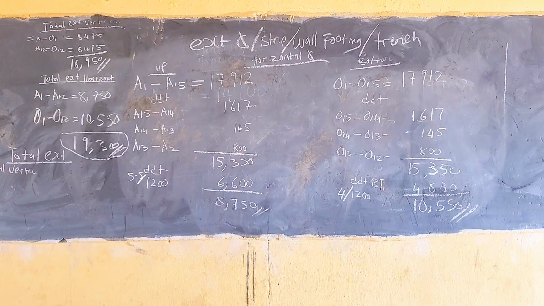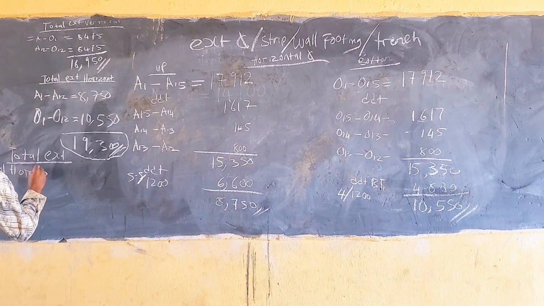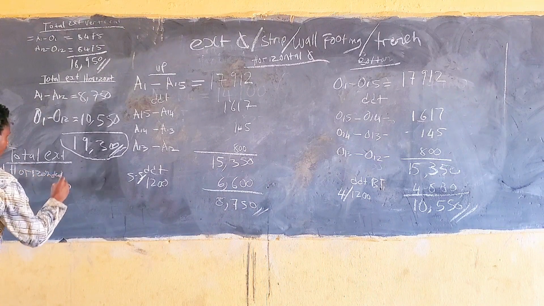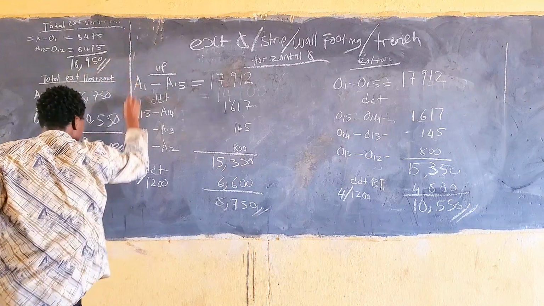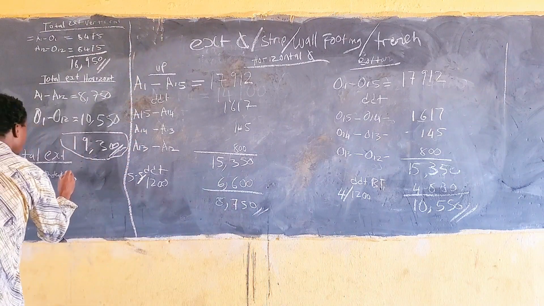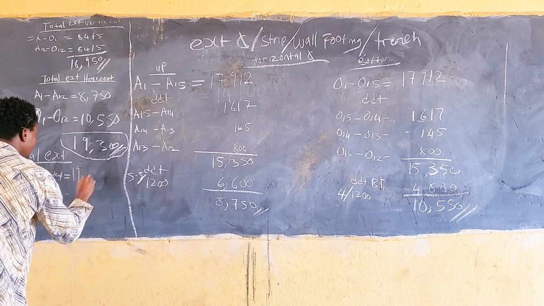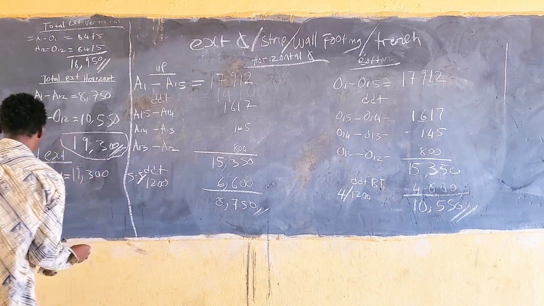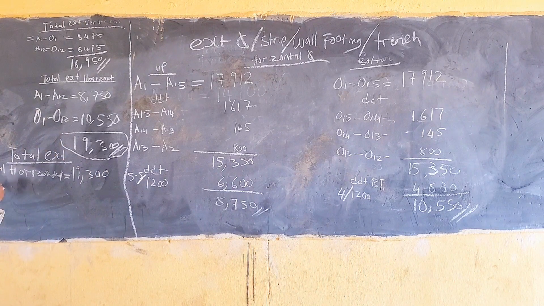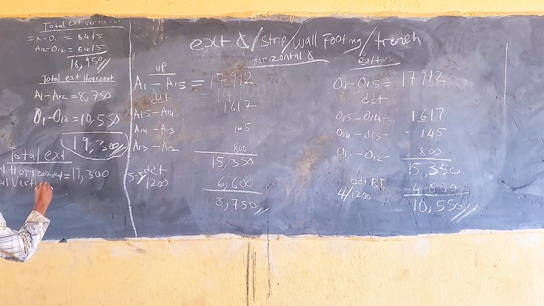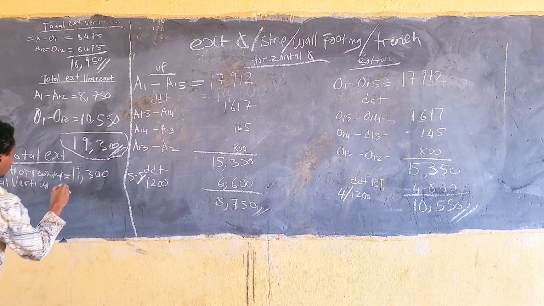So I almost made a mistake here. So the total horizontal first, total horizontal, give us 19,300, and total vertical will give us what?